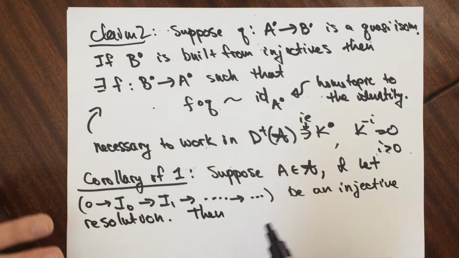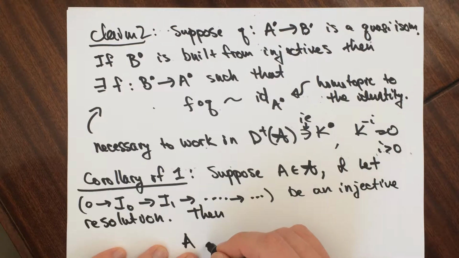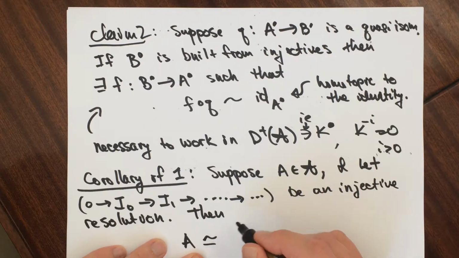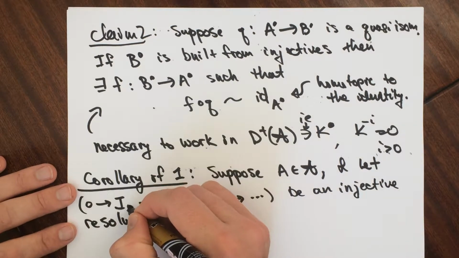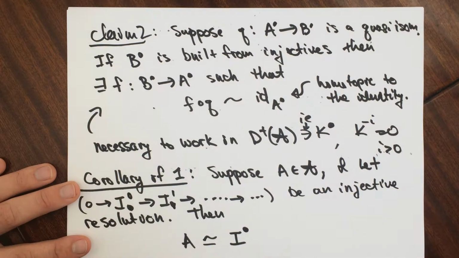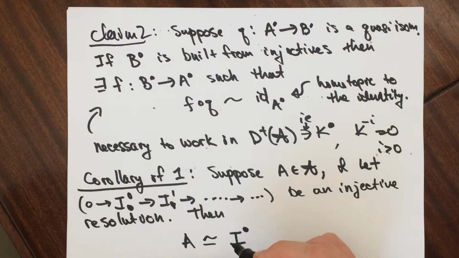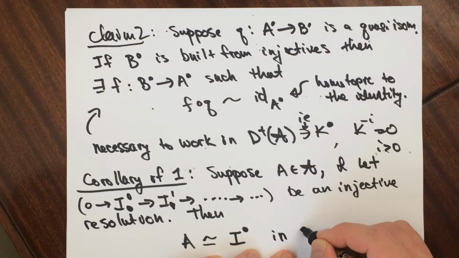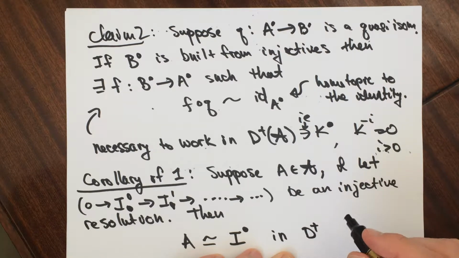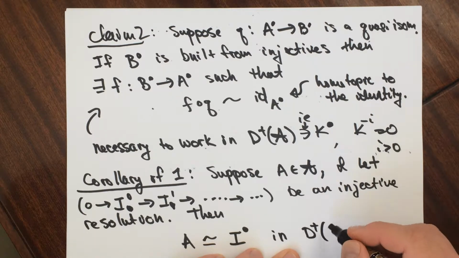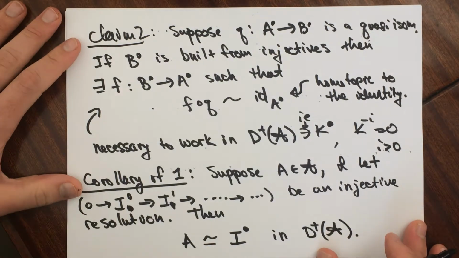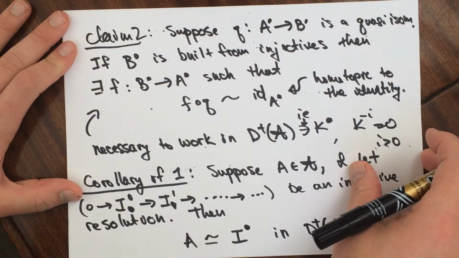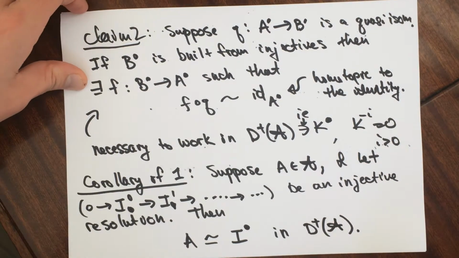Then, as complexes, A is quasi-isomorphic to this complex here, I bullet. Let's do 0, 1, like so. We're going to use superscripts. In the derived category, we have a quasi-isomorphism like so, and indeed in the derived category too, without the plus.